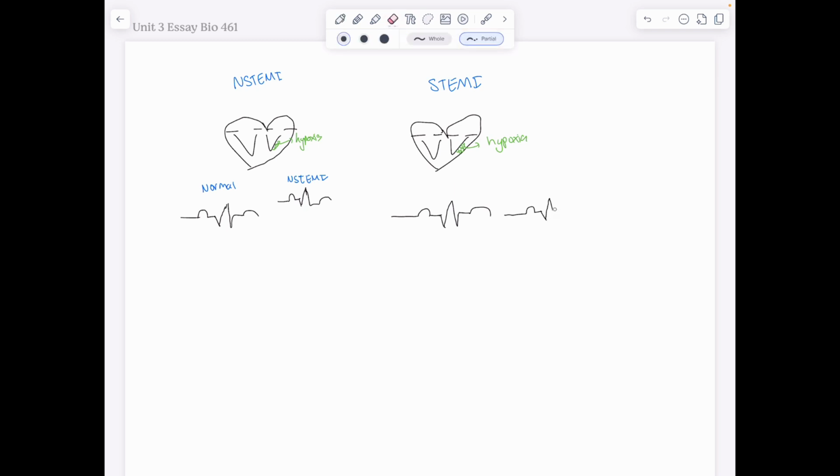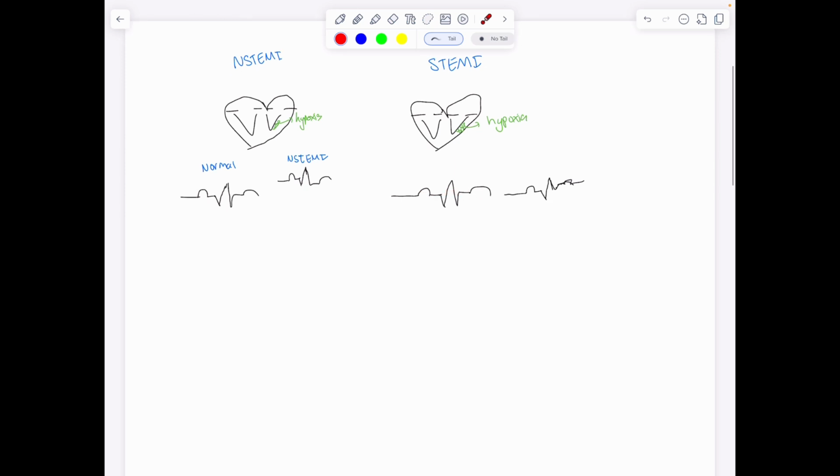Because now we're going to have an ST segment that's elevated, and this is at a different level than it is here. So this is an ST elevated signal, and that's NSTEMI and STEMI.